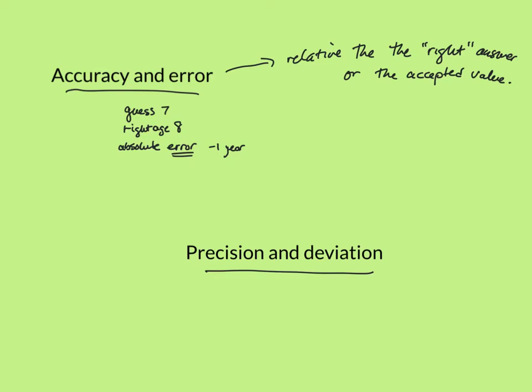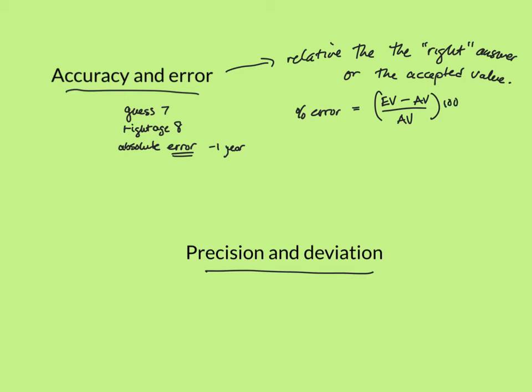We can calculate a percentage error by taking what we call the experimental value, in this case it's the guess, minus the accepted value divided by the accepted value multiplied by 100.